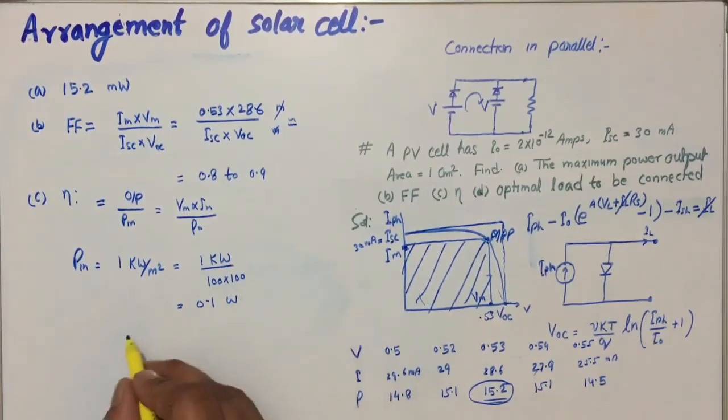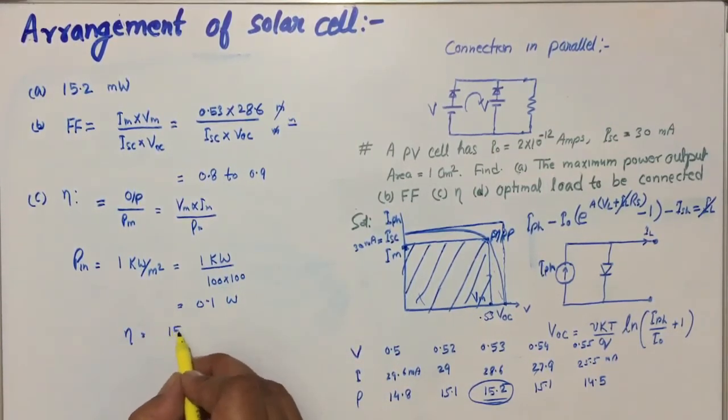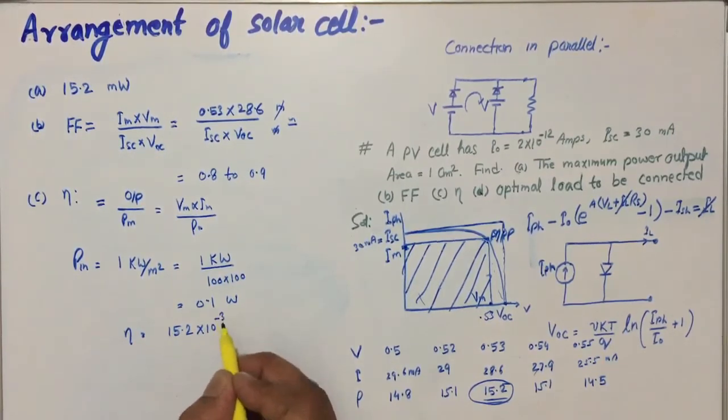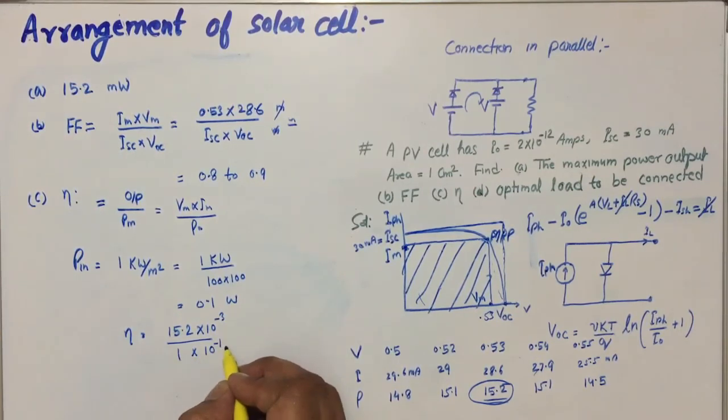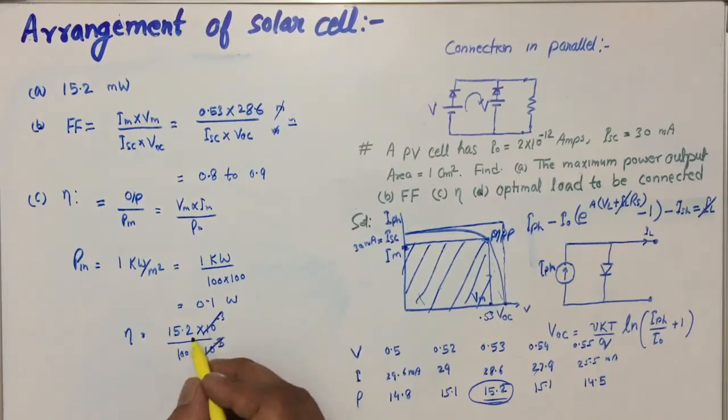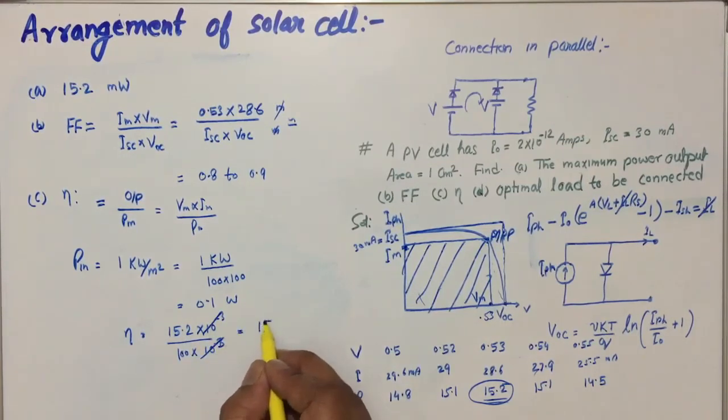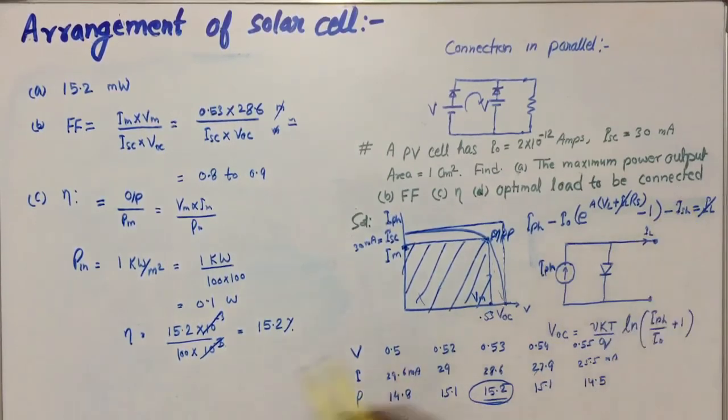So the efficiency that we can get is 15.2 into 10 to the power minus 3 divided by 1 into 10 to the power minus 1. Just to get it cancelled, you can multiply by 100 here. Now you can cancel it out. Now the efficiency will be around 15.2% in this case.